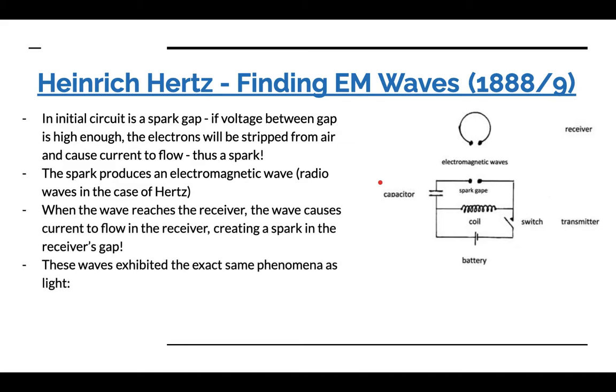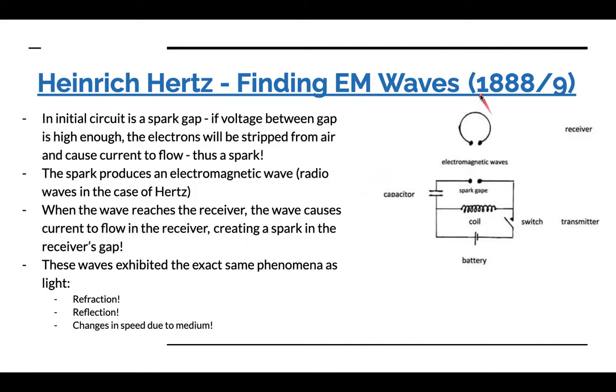To further validate whether this is an electromagnetic wave or not, he also tested and verified further wave-like phenomena for these radio waves. Okay, he saw that they exhibited the same phenomena as light, such as refraction, aka when light bends when it enters a new medium, reflection, and changes in speed due to a medium.